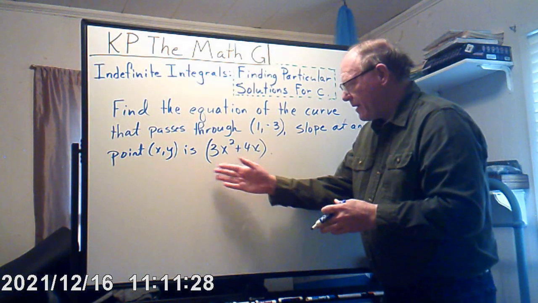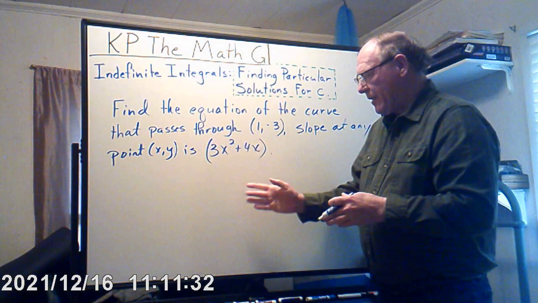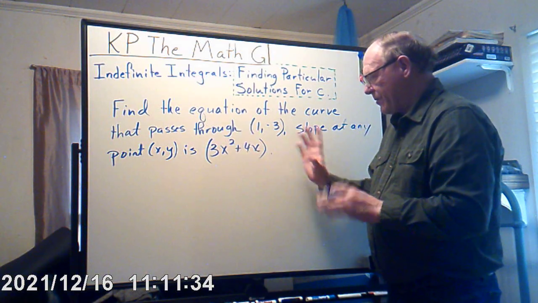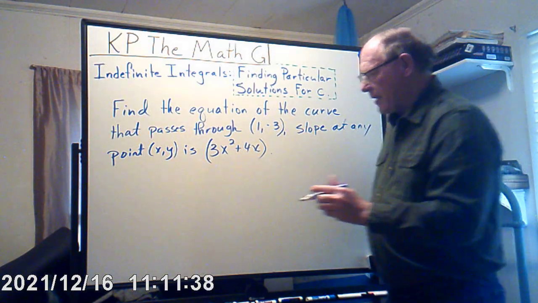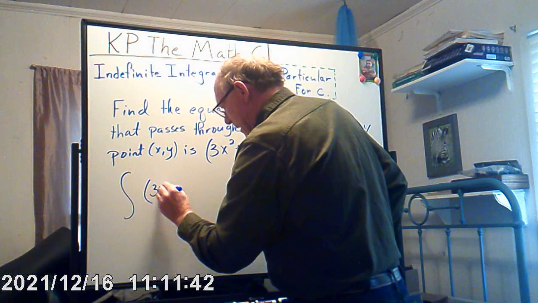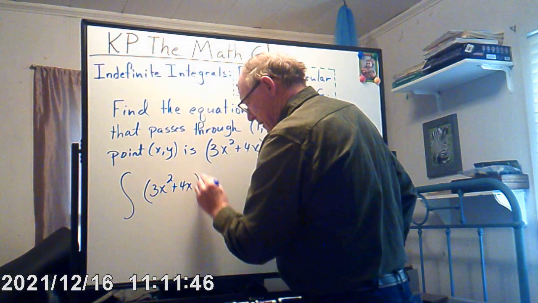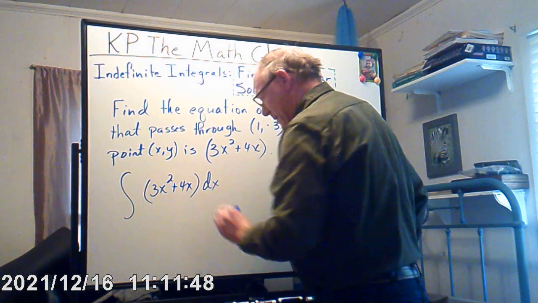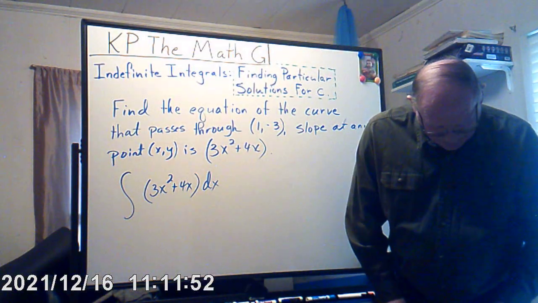So when we take this antiderivative, we're going to come up with an equation, but first we're going to come up with some c at the end, as we always do. So let's take the antiderivative of 3x squared plus 4x dx.